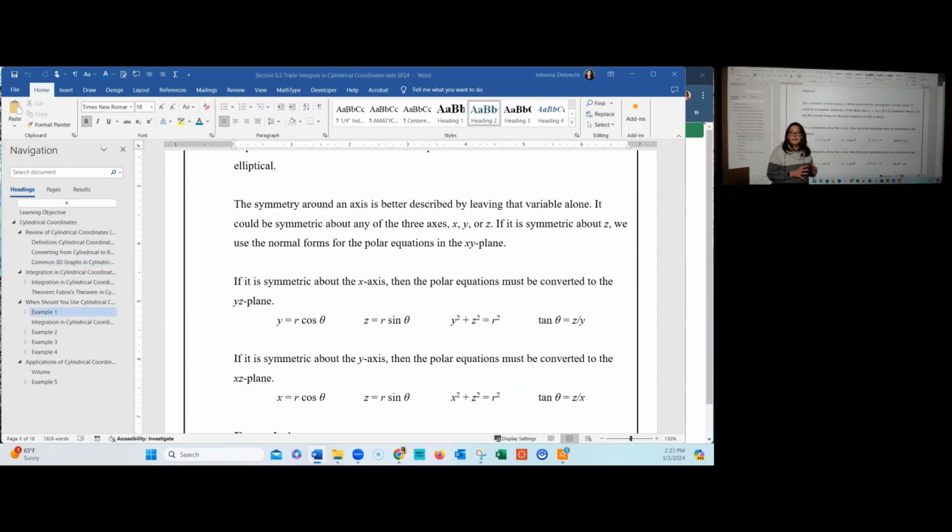Again, if we have a shape that is suitable for polar coordinates, namely something that is circular or perhaps elliptical, then we need to consider what axis it's symmetric about. If it's symmetric about the z-axis, then the projection into the plane will be into the xy plane, which means that we can use polar coordinates as originally written.